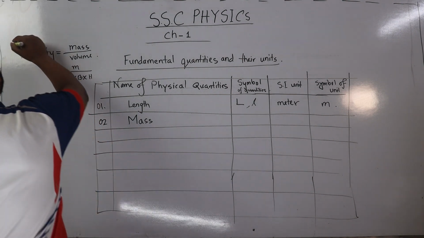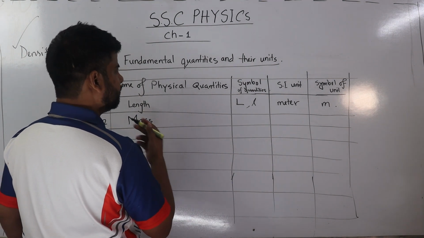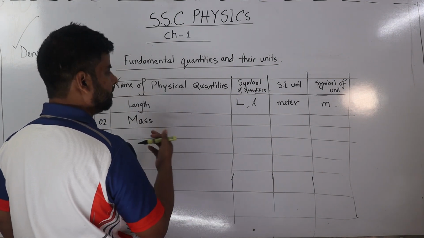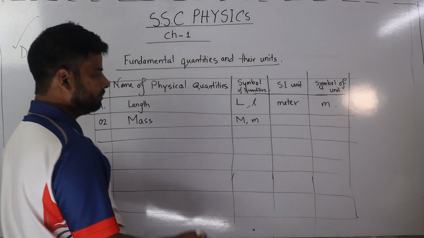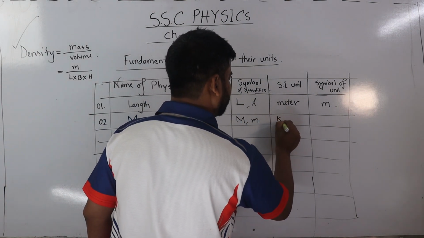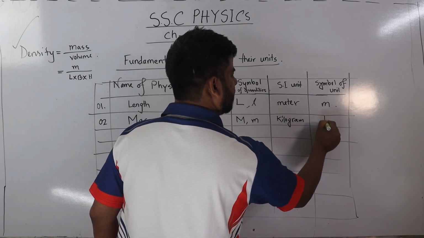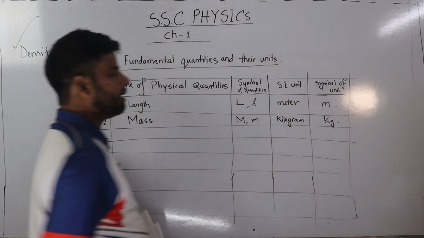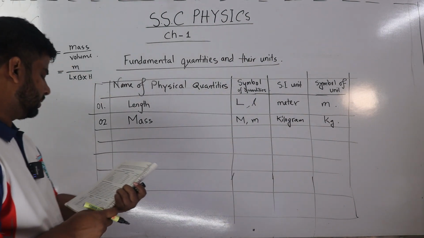So density is a derived quantity. Mass is the fundamental quantity. Symbol capital M or small m. Unit kilogram, symbol kg: k small, g small.